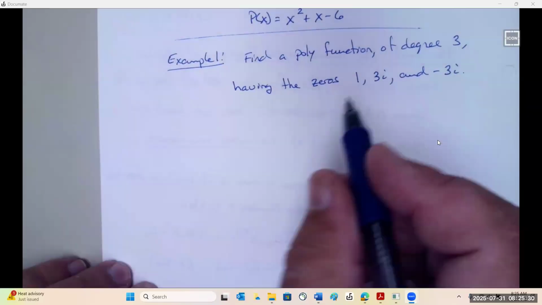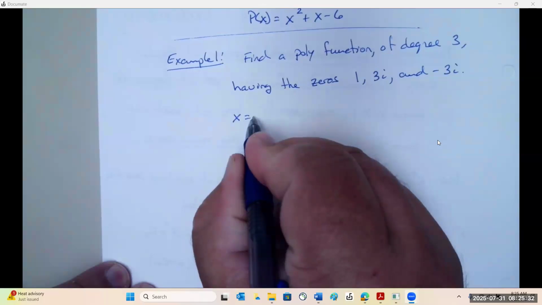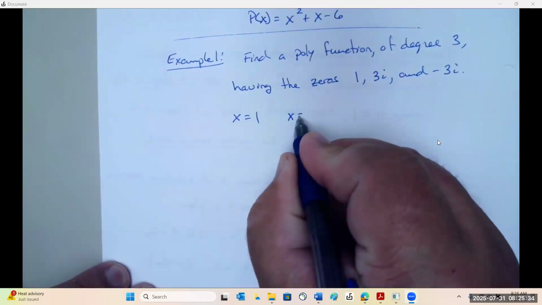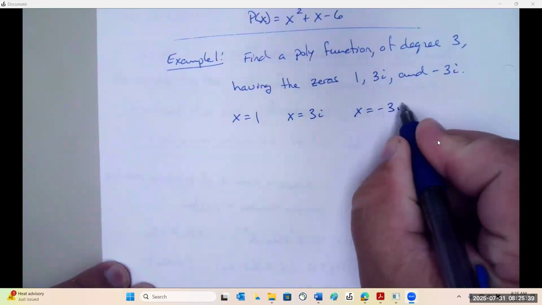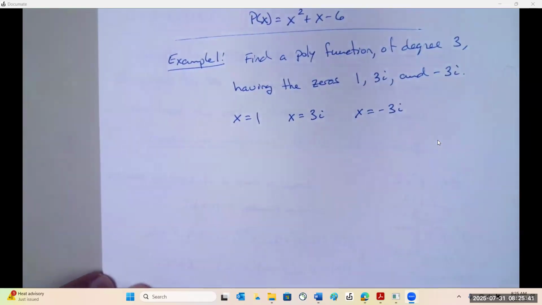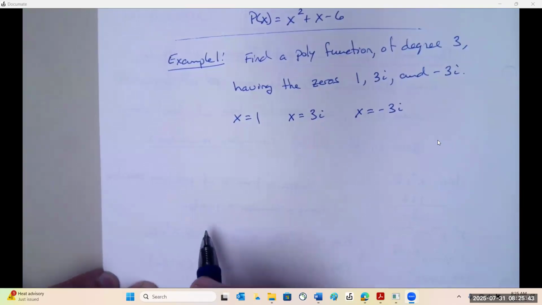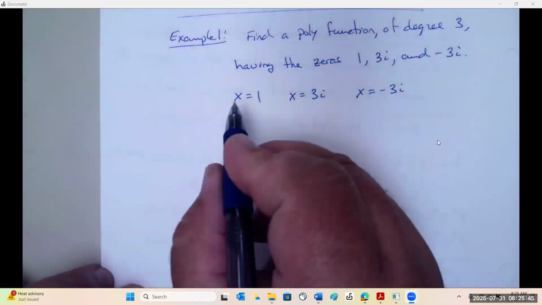So I gave you the zeros, then we know that x equals 1, x equals 3i, and x equals negative 3i. Those are my zeros. Those are my x-intercepts. Set them equal to 0.